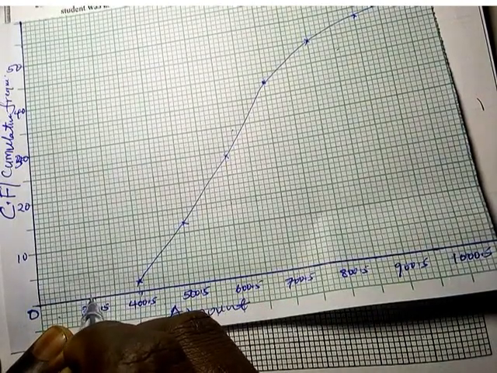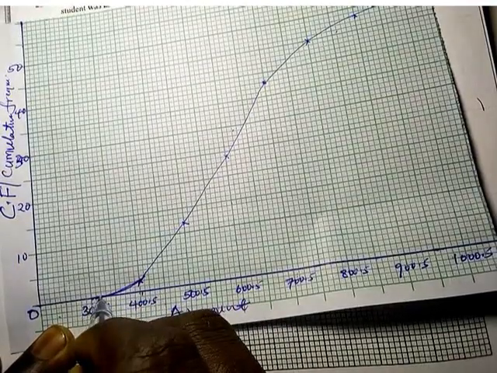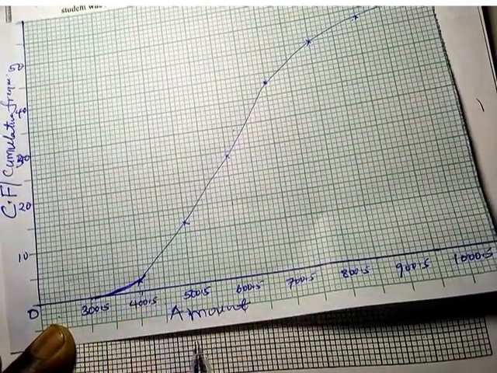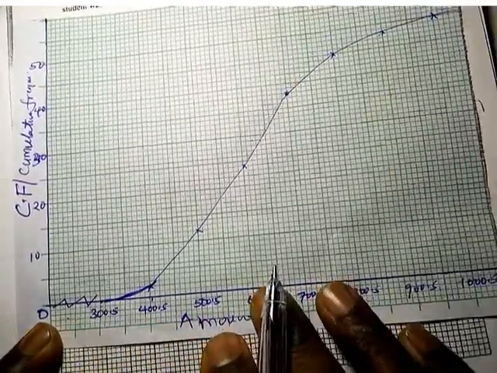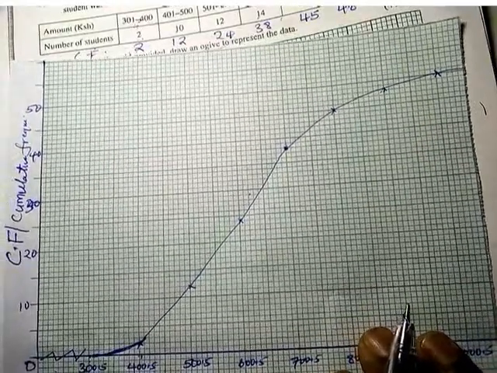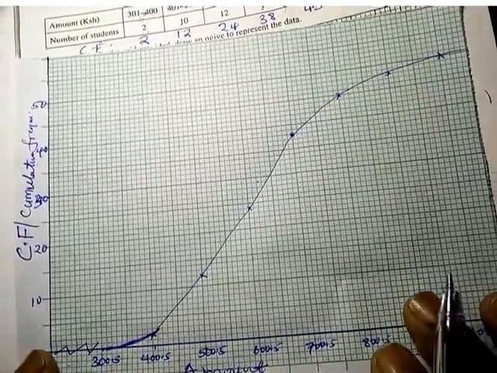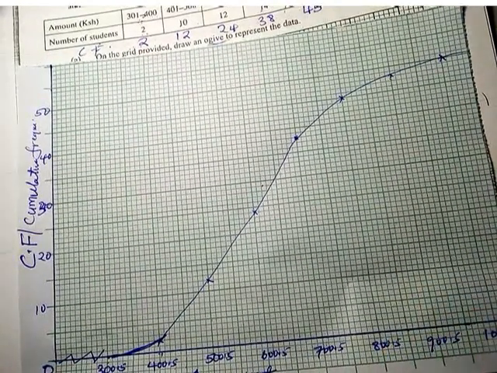This one will appear 0, so not even 0. So we will join up to the lower limit like that. You can, if you want, break this like that. So we have drawn our ogive, and that is the ogive you were supposed to draw. Now we are going to use this ogive to answer the questions.